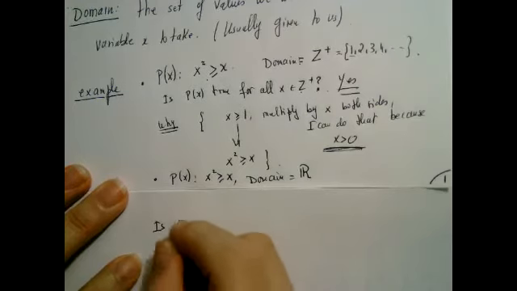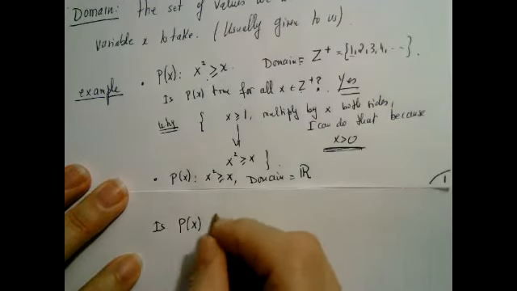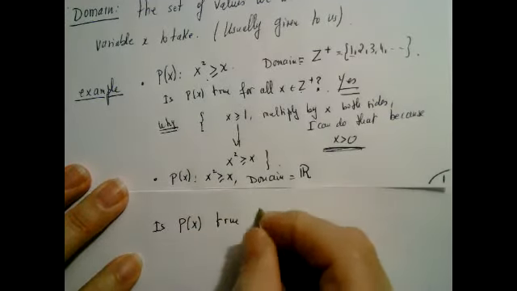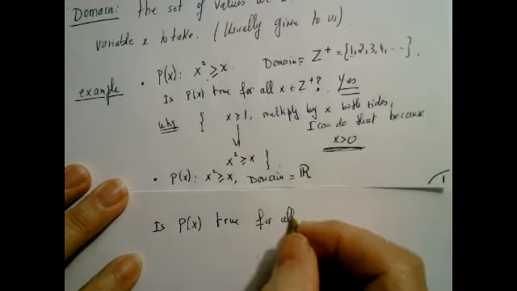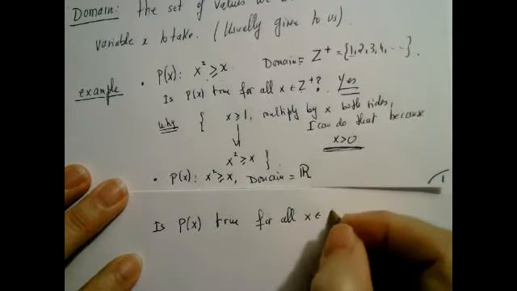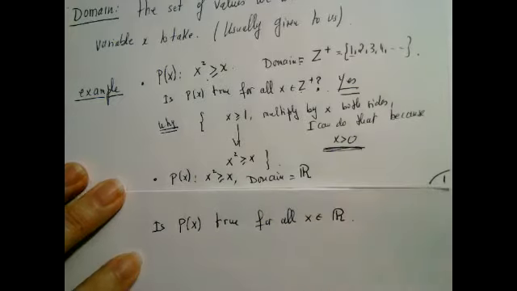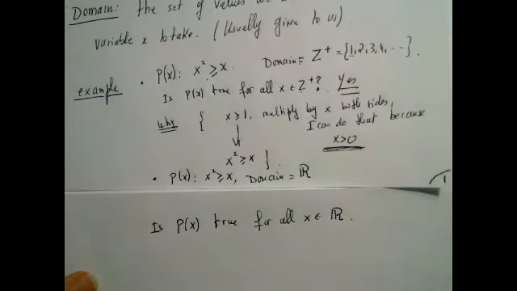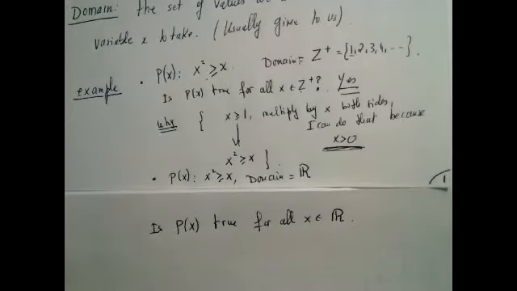So now I changed my domain, and my question is the same. Is P of x true for all x in R? So I changed the domain, and now what's really going on? True or false? Is it true for all x in R?